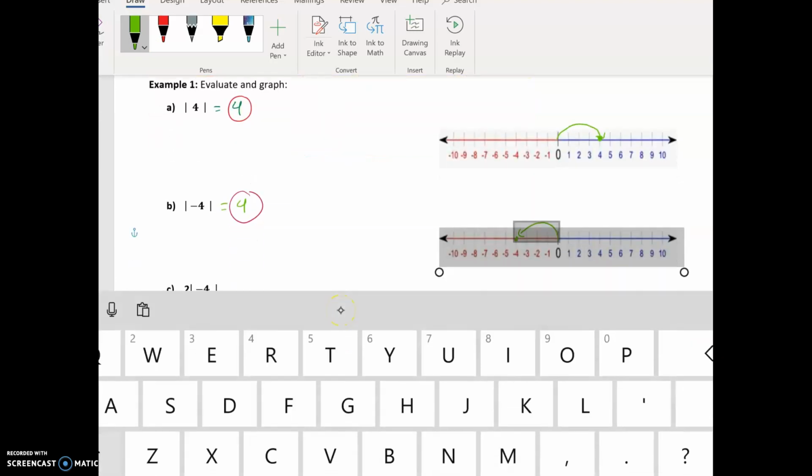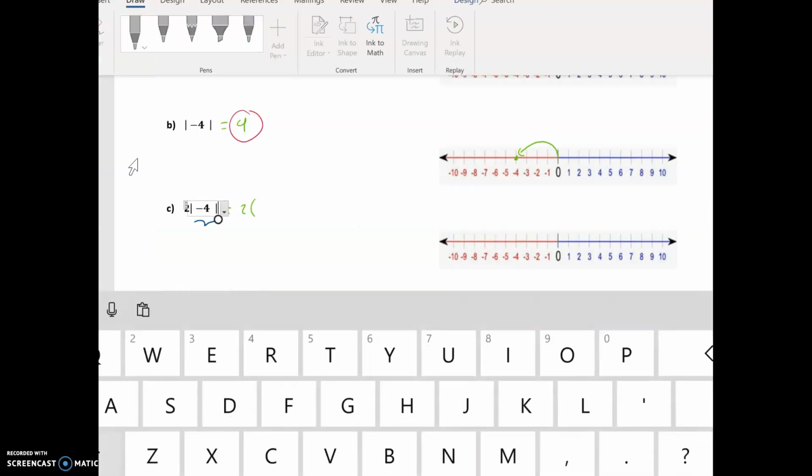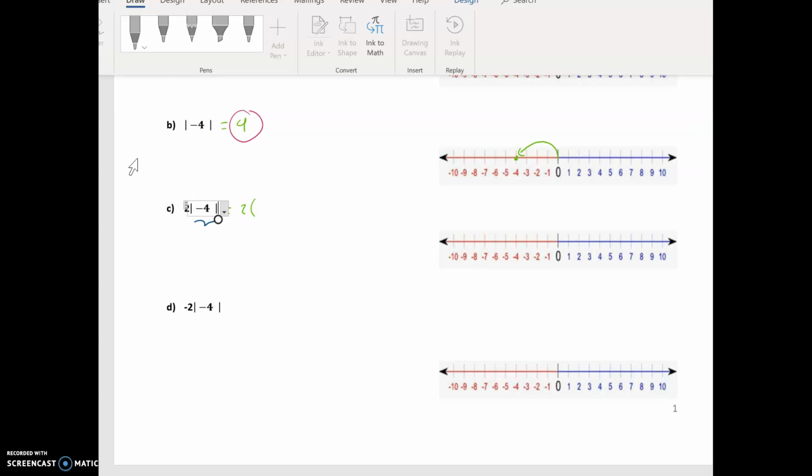And on the next one, we're looking at the multiplication of 2 times the absolute value of negative 4. So as you simplify this one, this is still 2 times the absolute value of negative 4. I'm just going to underline it. And if you evaluate the absolute value of negative 4, this is going to be 4.